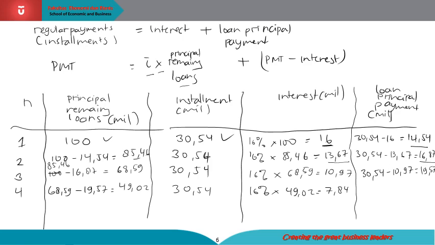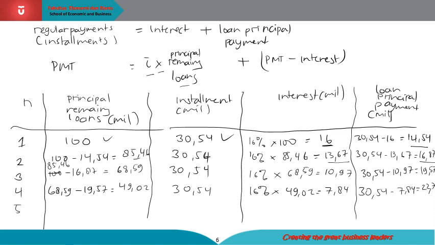So you see here it becomes 7.84 after year 4. Okay, so it's going to reduce along with the years, and the loan principal payment is also getting bigger.